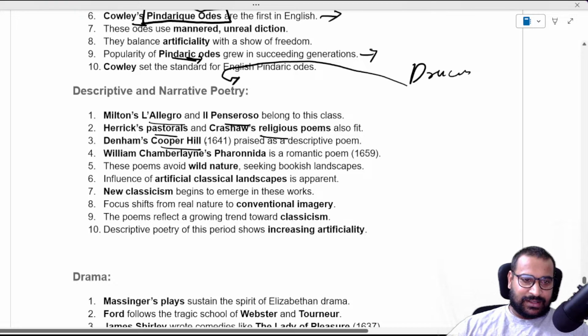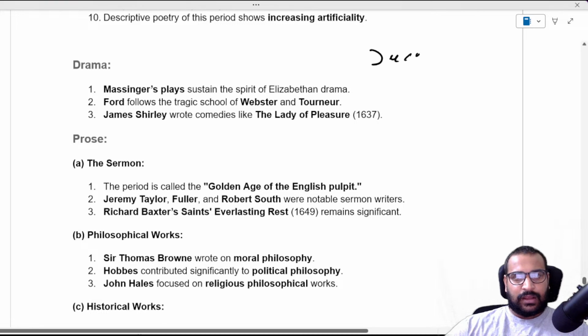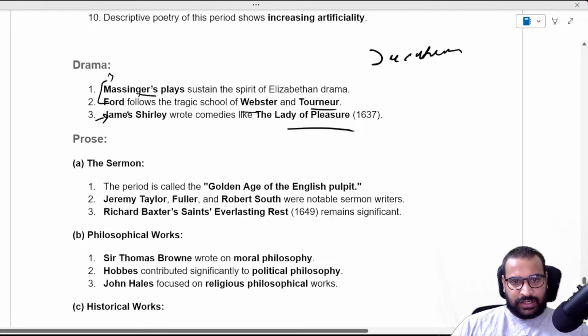All these started in the descriptive form. Not much drama, but some late Jacobean playwrights were there, like Massinger, Webster, Tourneur, Ford. Ford and Shirley, also The Lady of Pleasure, that you should have an idea about.